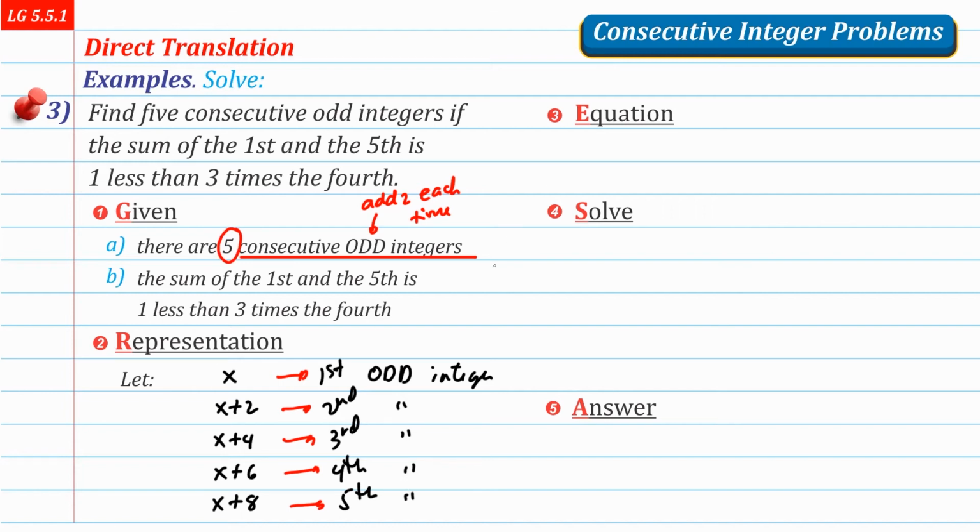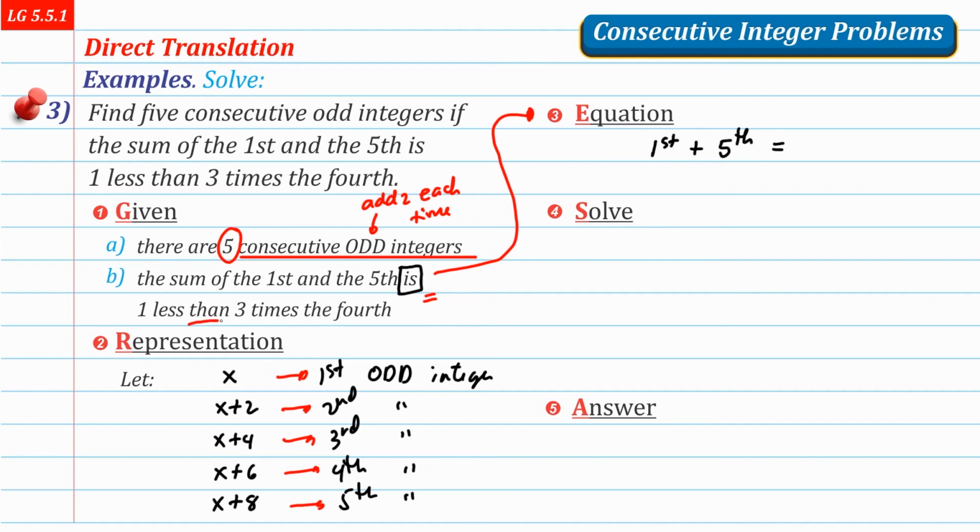Now the very important equation. The sum of the first and fifth is, and what does "is" mean? Equal. So the sum of the first and fifth is on the left side of the equal sign. It is 1 less than.